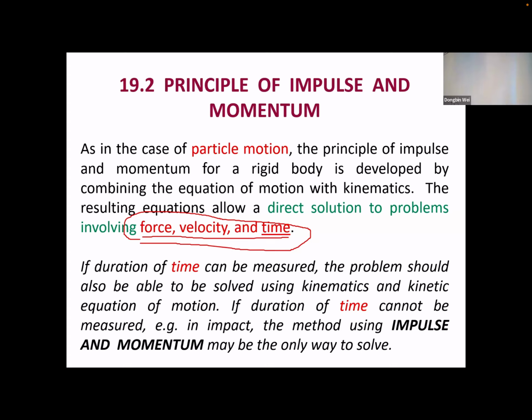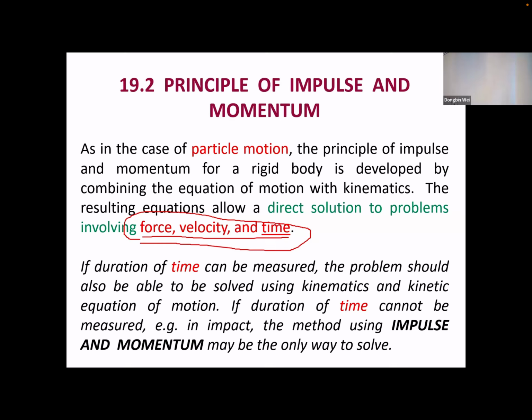But in some other problems, the time duration cannot be measured. For example, an impact problem. Impact happens very quickly, in a very short time period, and normally you don't know the exact time duration of impact.